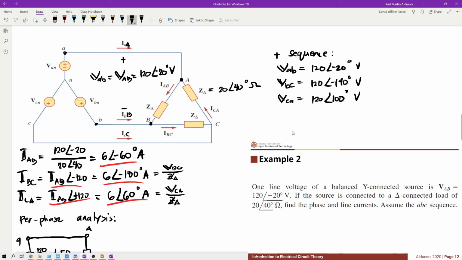If we get the phase voltages from the line voltage, what we need is you divide the magnitude by square root of 3 and then subtract 30 degrees from its angle. We have negative 50. Okay.